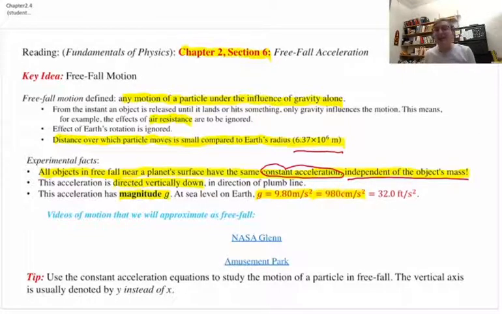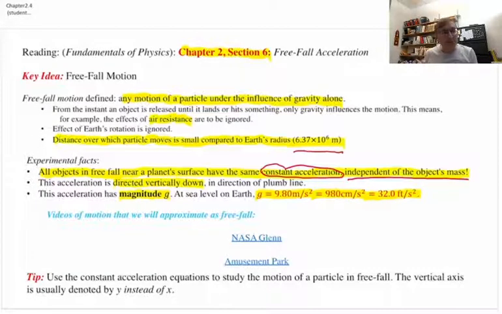You get 980 centimeters per second squared. Or if we absolutely require the English system, where the unit of length is the foot, it converts to 32.0 feet per second squared.